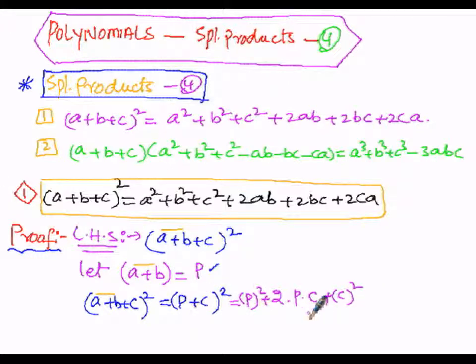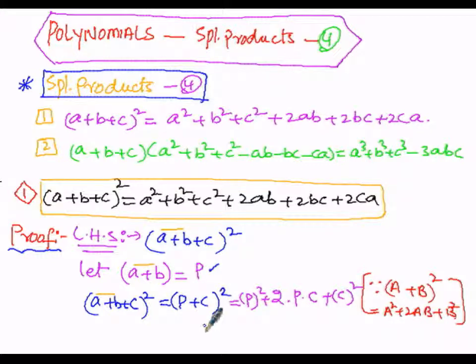I got this step by utilizing the special product (a plus b) whole square equals a square plus 2ab plus b square. Instead of a I have replaced p, and instead of b I replaced c, so it is p square plus 2 into p into c, 2pc, plus c square.